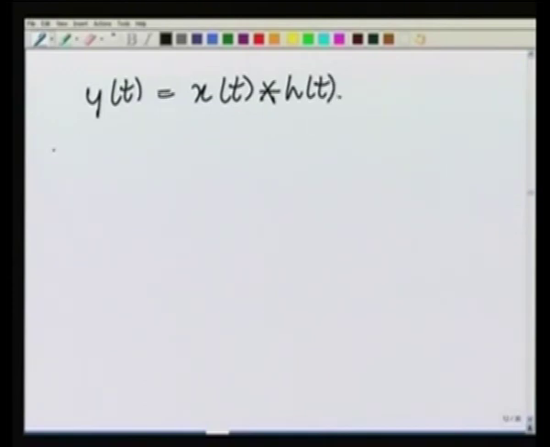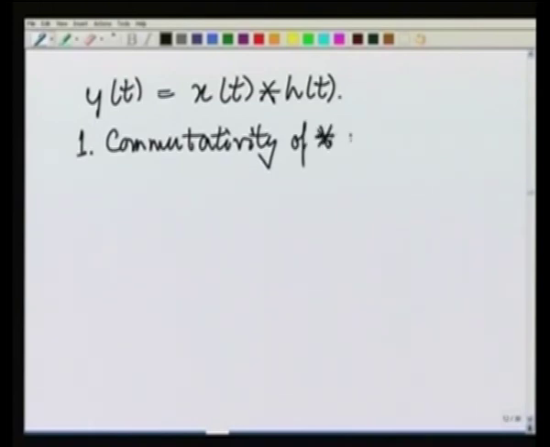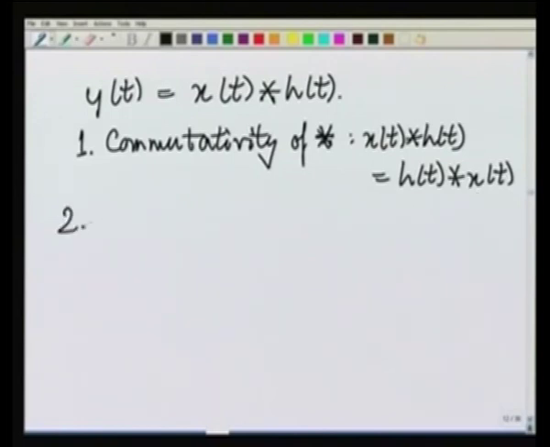Again, just like with the discrete time convolution, as may be expected, we have commutativity of convolution, namely x t convolved with h t equals h t convolved with x t.